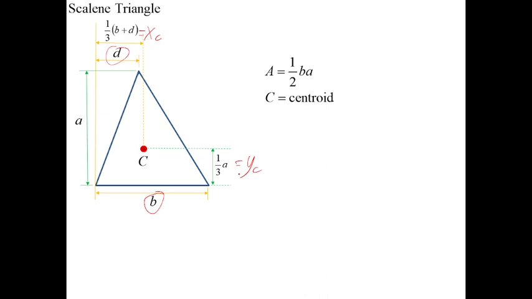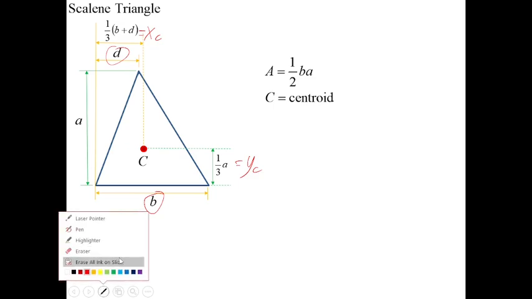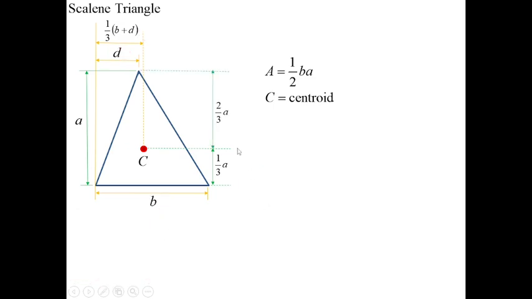So, na-derive yan using integral calculus. Okay, next. The same pa rin, 2/3 a, 1/3 a. Okay. So, ito yung kanyang formula, 1/36 BA cubed. For scalene. So, kapareho lang siya ng isosceles triangle.